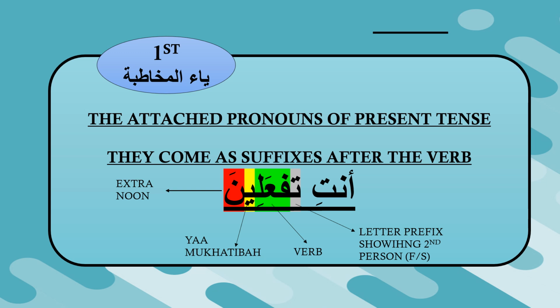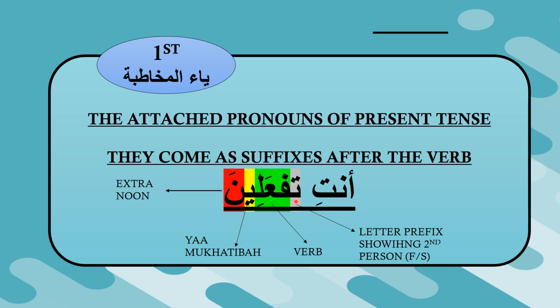Now let's have a closer look at the structure of a Fel Mudaare with a pronoun. There are so many letters, one may get confused about what represents what. So let's have a closer look here. The attached pronoun, first of all, the ya mukhatiba in question. Let's see an example.